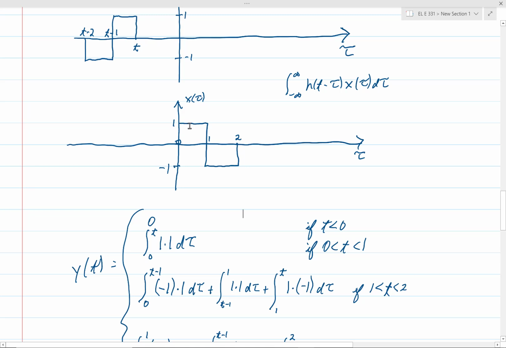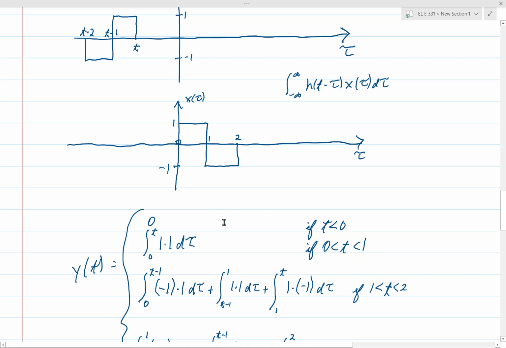So there's actually going to be 3 parts. There's going to be one part where a part of the negative portion of h will overlap with this beginning positive portion of x, and then the positive portion of h will be overlapping here, so it will overlap some with the positive part of x and some with the negative part of x.